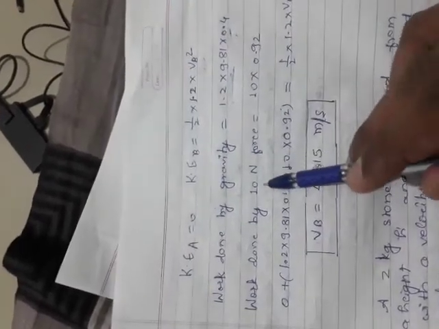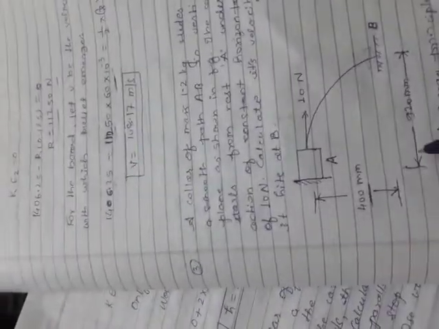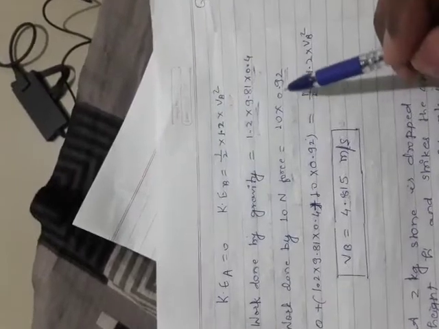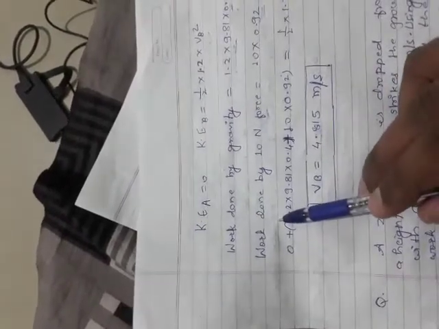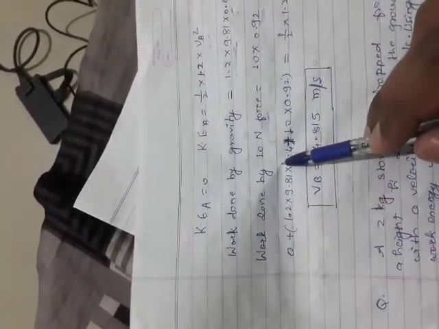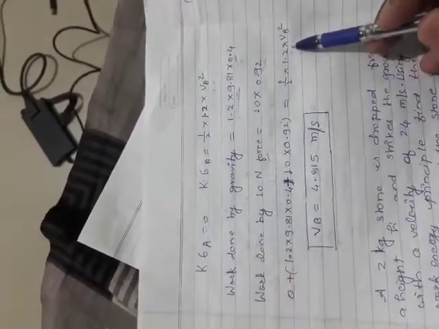Now the work done by the 10 Newton force will be through a horizontal displacement because of this 10 Newton force. So force is 10 Newton and displacement is 0.92. It is also taking place in the direction of motion, so it is positive. Now by the work energy principle, kinetic energy at point A plus work done by all forces equals kinetic energy at point B, that is the final kinetic energy.